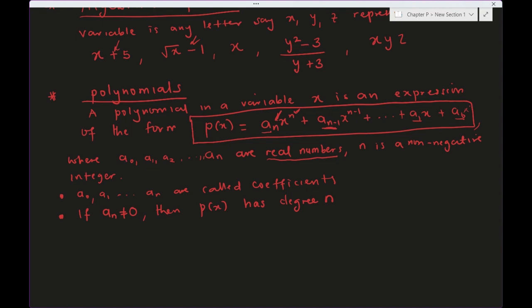All right. So it's very important for us to know also some terms. This a_n, which is the coefficient of x to power n, that is if a_n is not equal to 0, has a special name. It's called the leading coefficient.